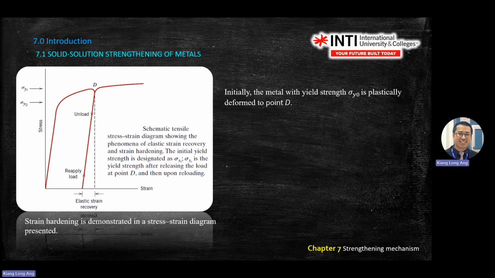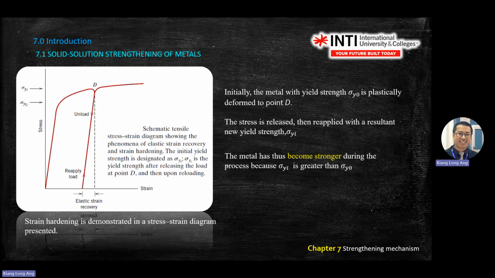It's called pre-stress. If you're in the civil industry, you learn about pre-stress structure. Why do they have pre-stress structure? Because when you pre-stress it, it makes the structure stronger because of this strengthening mechanism.